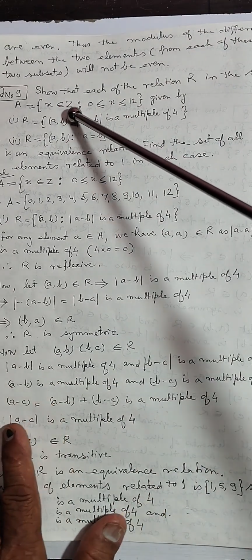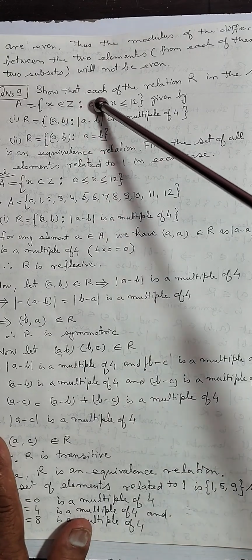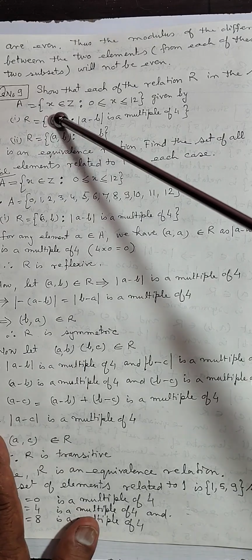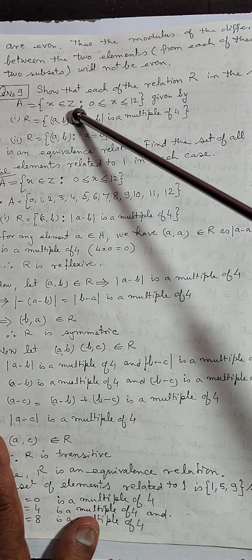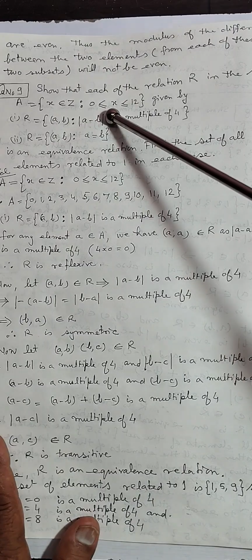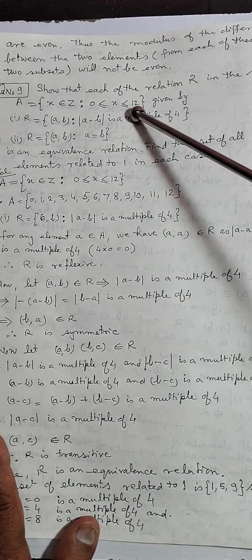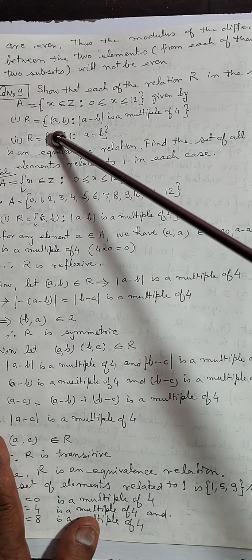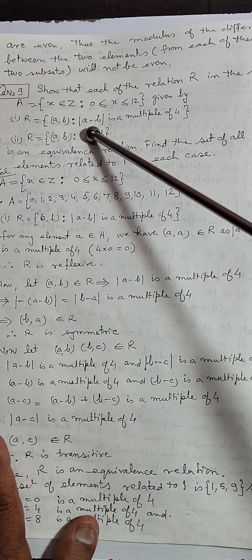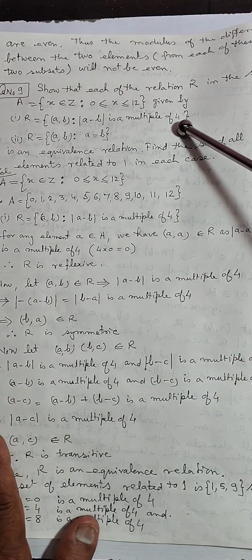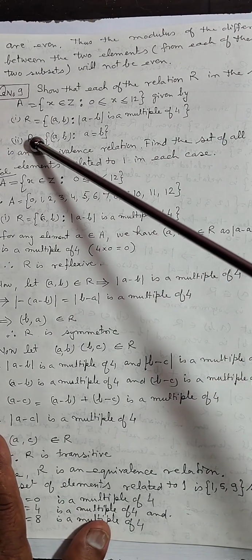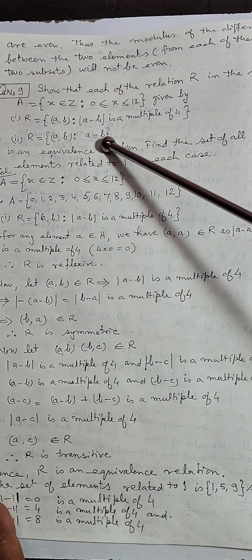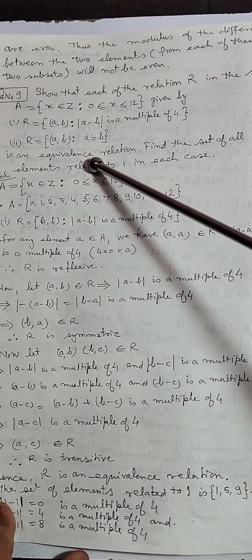Now come to question number 9. For each of the relations R in the set A = {x belongs to Z, that is integer, such that 0 is less than or equal to x and x is less than or equal to 12}, given by: first relation R, that is (a, b), such that mod of a minus b is a multiple of 4; second relation R, that is (a, b), such that a is equal to b; is an equivalence relation.